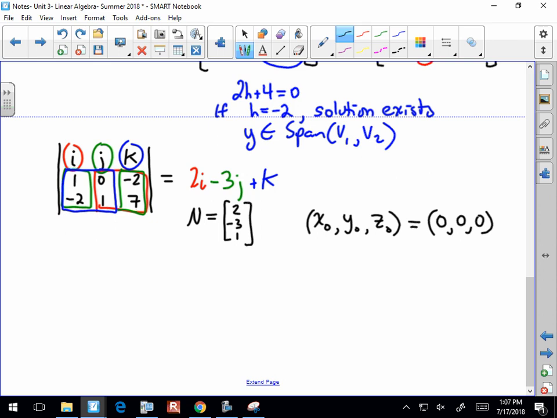Because if it has a 0 vector, it must have the 0 coordinate, meaning it's going through the origin. So we're looking at a plane with a normal vector of 2, negative 3, 1.